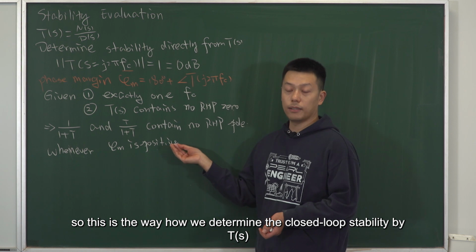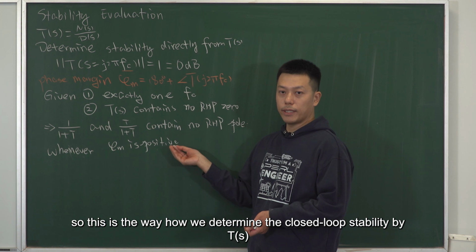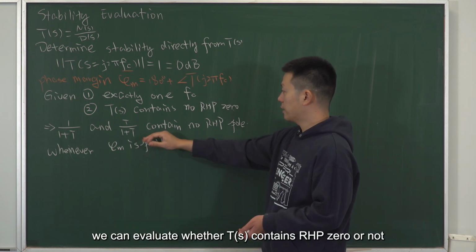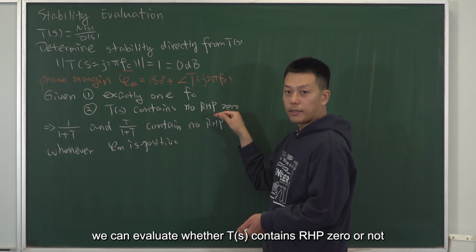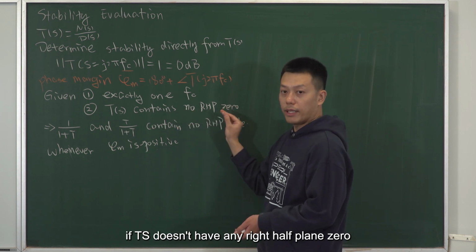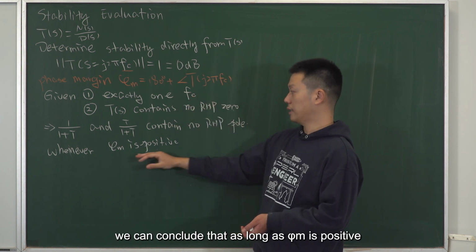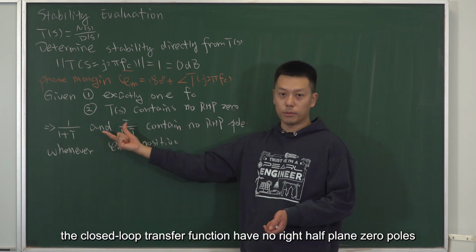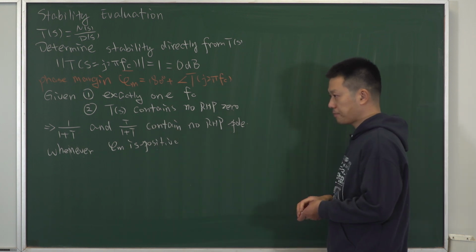So this is how we determine the closed loop stability by T(s). We can evaluate whether T(s) contains an RHP zero or not. If T(s) doesn't have any right-half plane zero, and there is only one crossover frequency, we can conclude that as long as phi m is positive, the closed loop transfer function has no right-half plane poles.